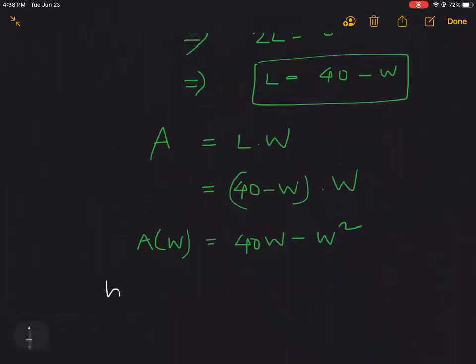For B, it says, for what value of W is the area largest? That means we are looking for the highest value, the largest value of this. How can you do that? Just give it a try.